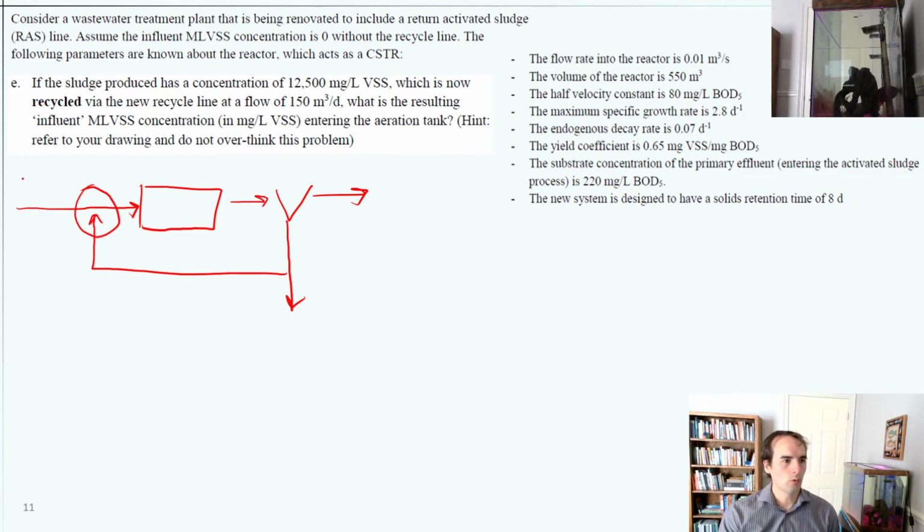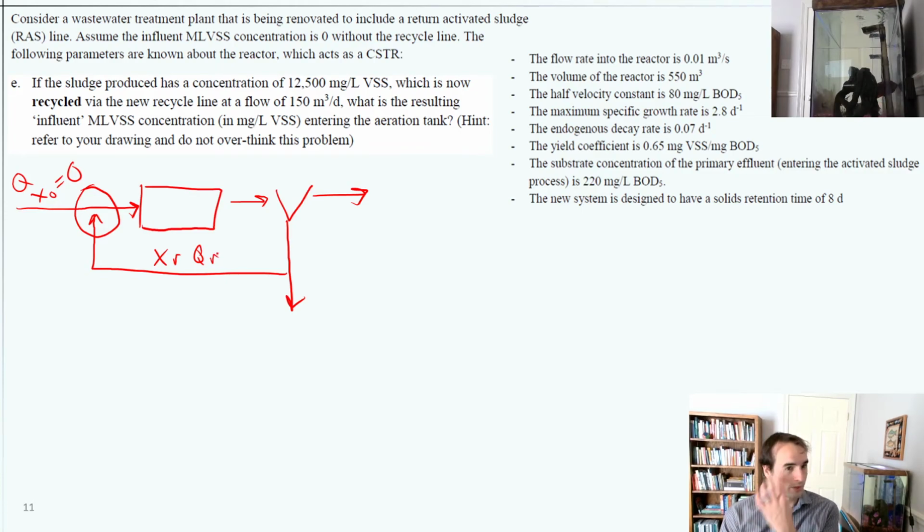So we know we have a flow rate Q. This is the flow rate of the plant essentially. And we have X naught, which was given to us as 0. And then we have XR and QR.